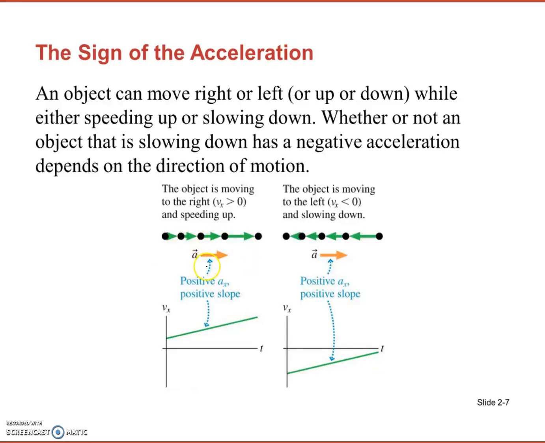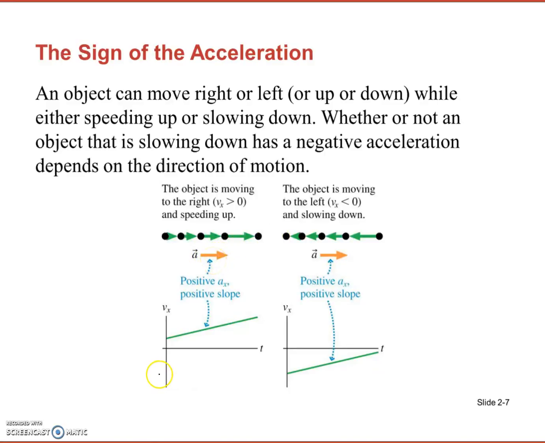That's how we define the direction of acceleration. The acceleration in this case is positive. If we were to graph this, we see that the velocity is positive because my object is moving to the right. So the velocity is in the positive quadrant. It also has a positive slope given by the acceleration to the right.